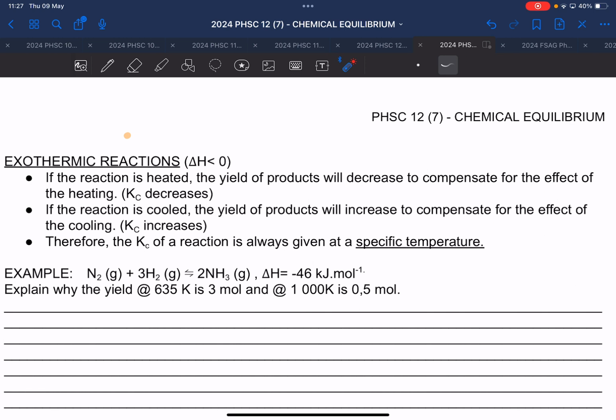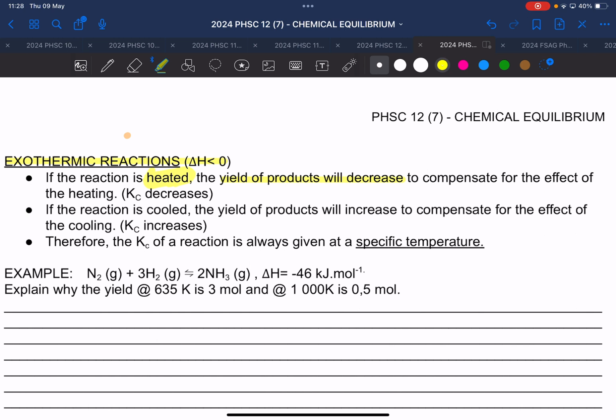So we have our exothermic reaction with delta H smaller than 0. If the reaction is heated, if we add more heat, if we add temperature, the yield of the products will decrease to compensate for the effect of heating.